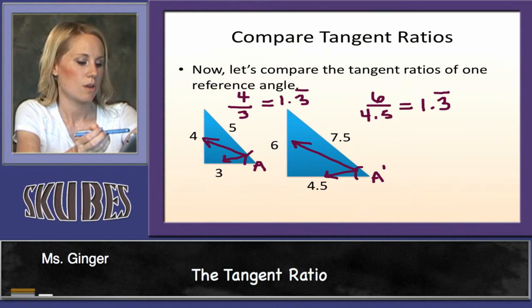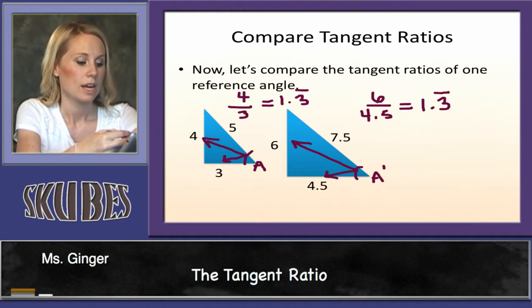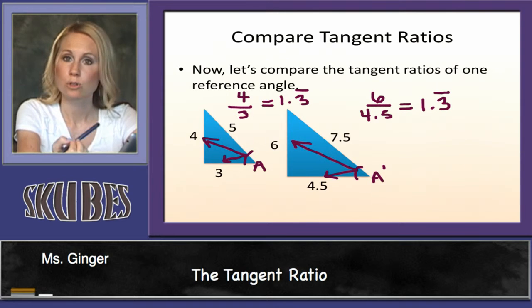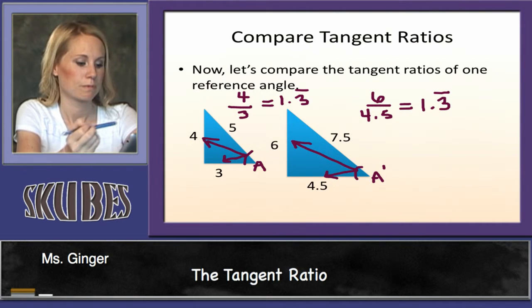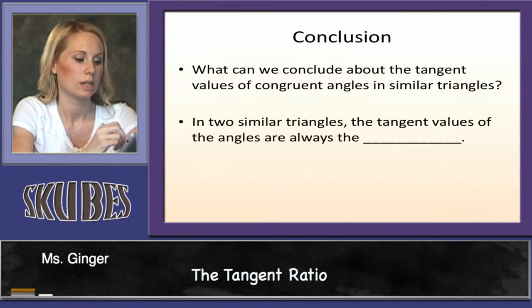And if we know that all of the corresponding sides follow suit here with this same relationship, then we are dealing with similar triangles. Because you notice they're not the same size, but if they have proportional sides and same angles, then they're similar.